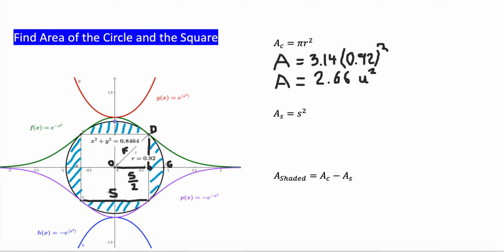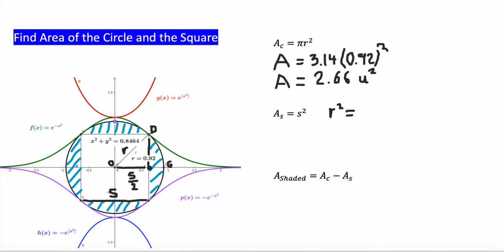According to the Pythagorean theorem, the hypotenuse r square is equal to this side s over 2, because one side is from point D down to here, but since it's half, it is s over 2, the same as the distance from G to O, s over 2.